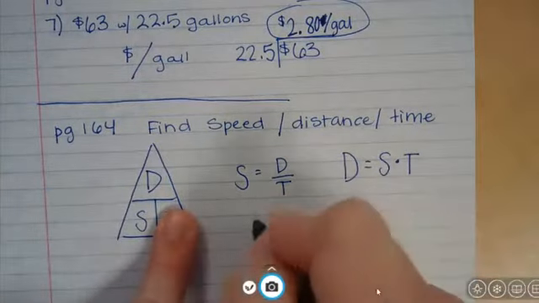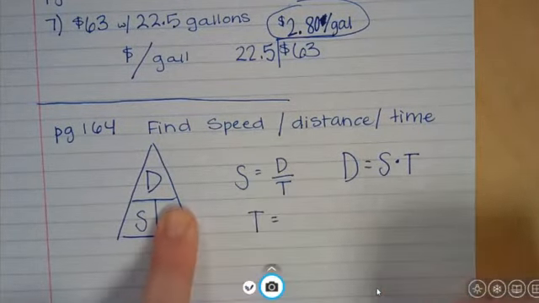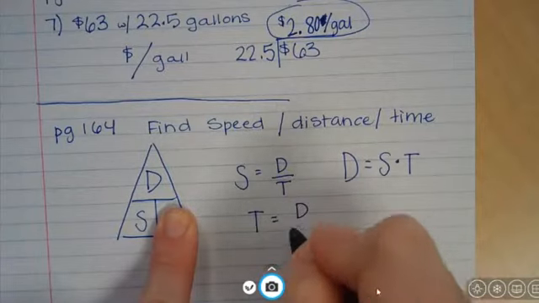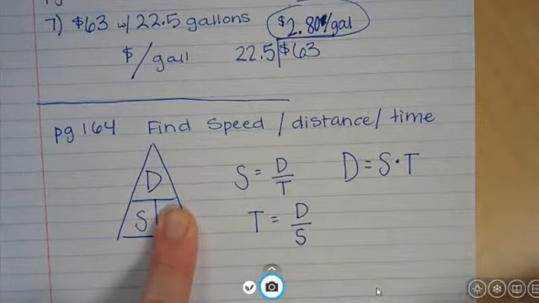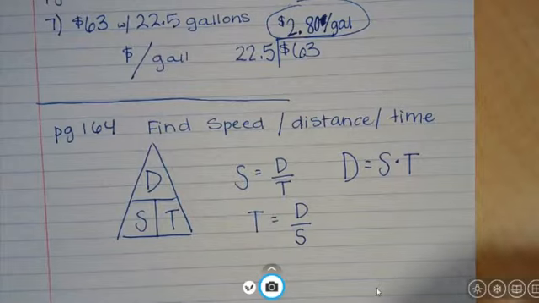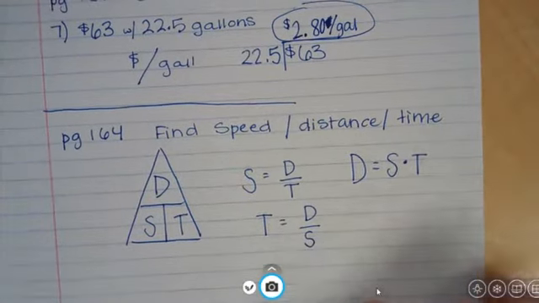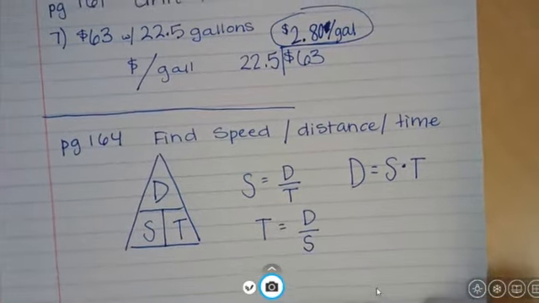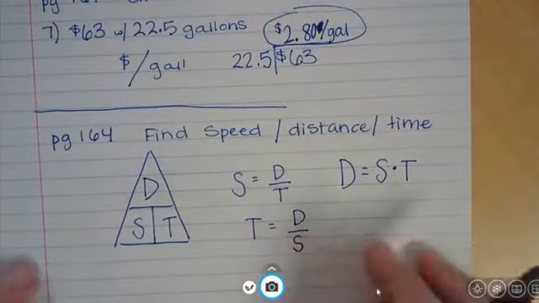If you were looking for time, you cover up the time and your formula would be distance divided by speed. Depending on what the problem asks you, that is just a basic review of your formula.